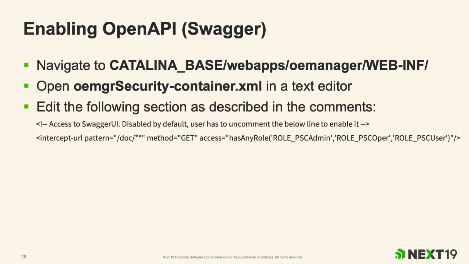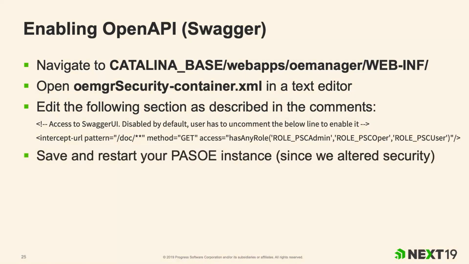You're looking for a documented line. It actually does tell you how to access the Swagger UI, which is disabled by default. The user has to uncomment the below line to enable it. And so all you do is remove the little HTML comment flags on each side of the /doc line. Save the file, restart your PAS instance, because anytime you alter security, you have to restart Tomcat.